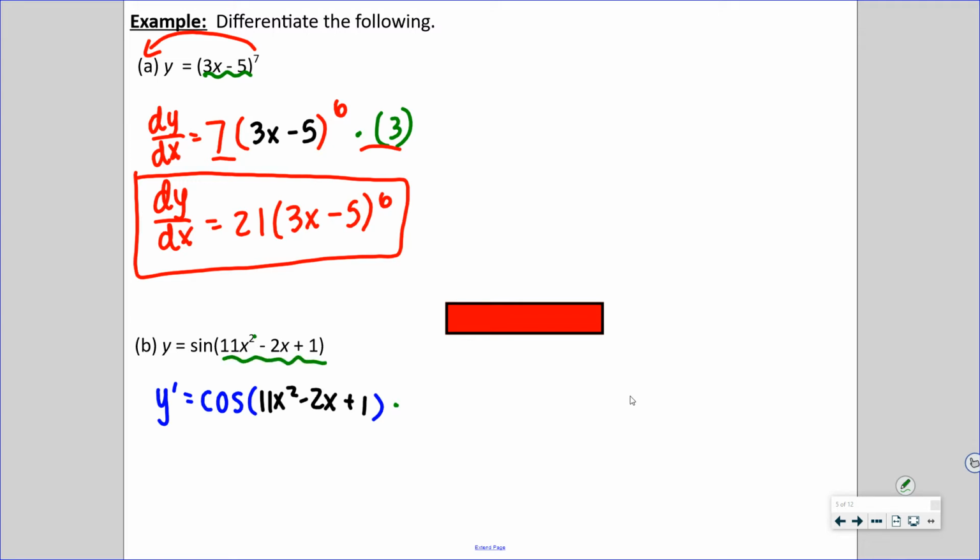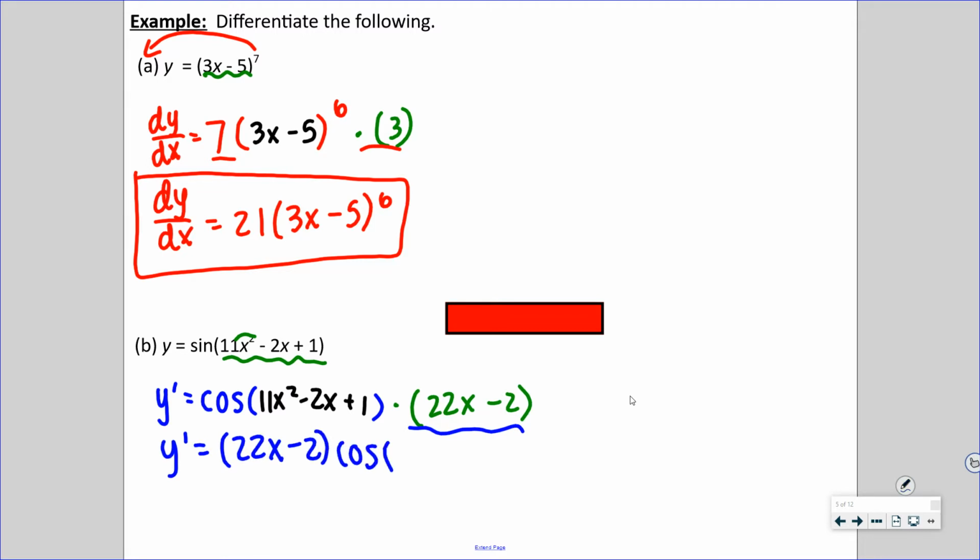Ooh, polynomial, nice. 22x, drop 1 from the power, minus 2. The only thing I'd maybe do is write that polynomial piece in front of my cosine. You'll probably see it more commonly written this way.